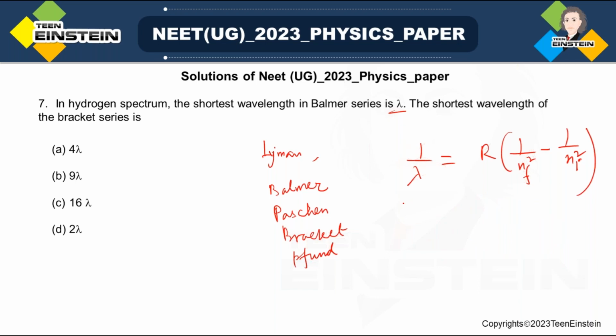Infinite means zero. Then 1 over lambda minimum is R into this term, which has gone to 0 since ni is infinity, so this is nf square.